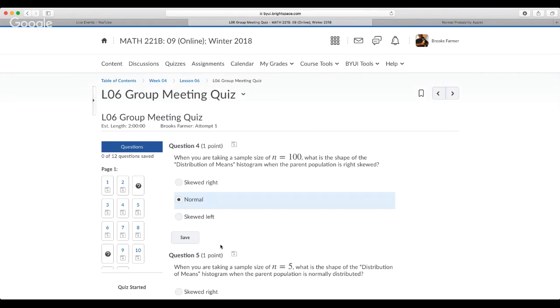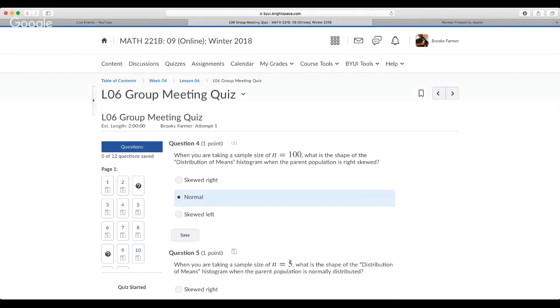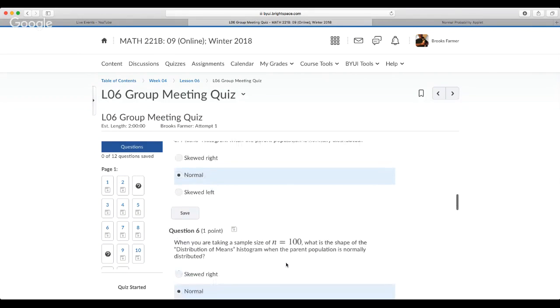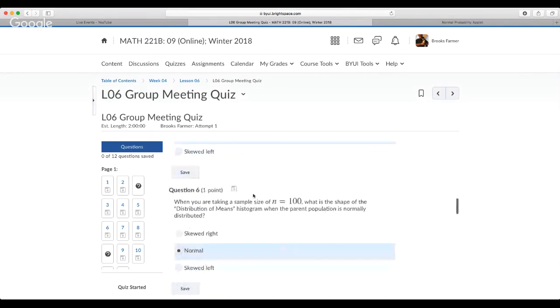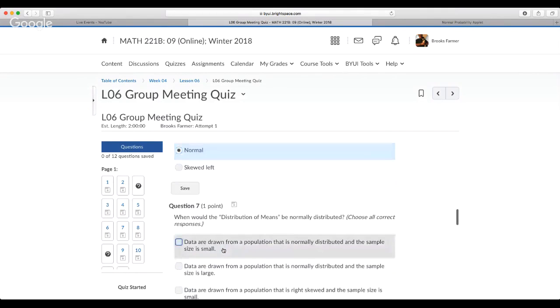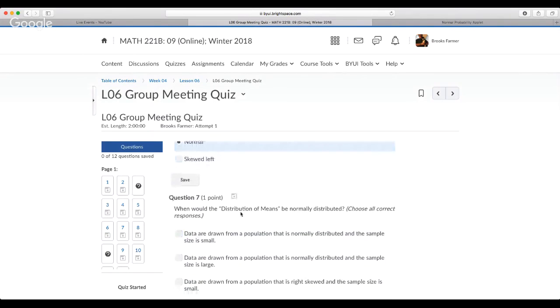Perfect. So the idea is if the sample size is 5, then the parent distribution has to be normal. If it's 30 or above, the parent can be weird and it can still be normal. Okay. So like this one, even though it's 100, it's still a normal parent population, so it's still normal. Okay.